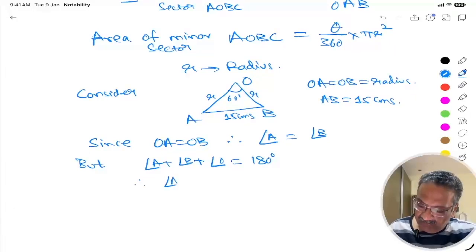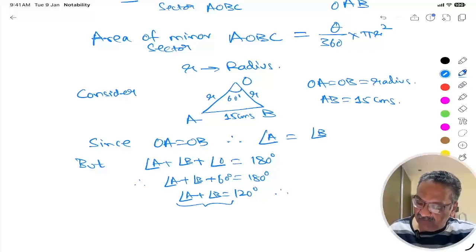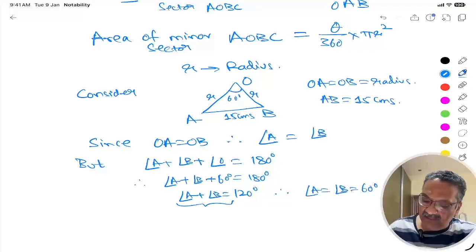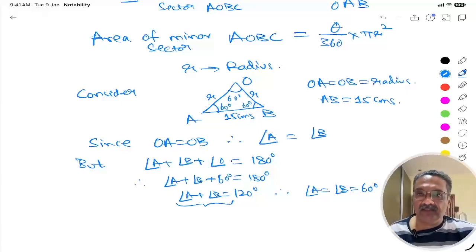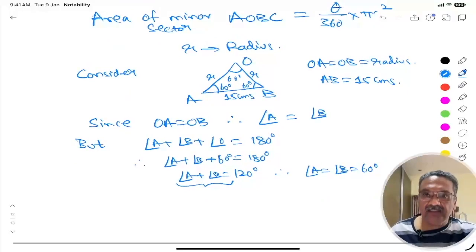Therefore we have angle A plus angle B plus 60 degrees is equal to 180 degrees. Therefore angle A plus angle B will be 120 degrees. Since both are equal, therefore we have angle A is equal to angle B is equal to 60 degrees. So even these two are also 60 degrees. So all three angles are 60 degrees.